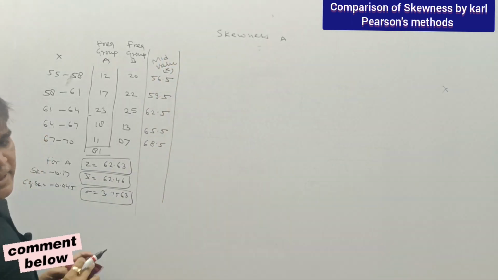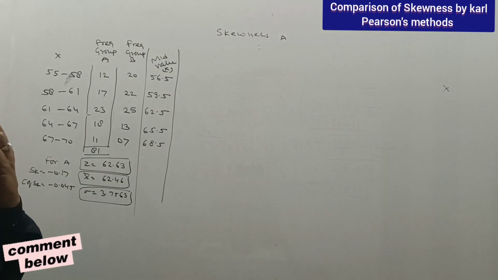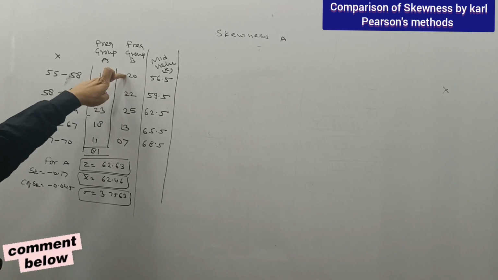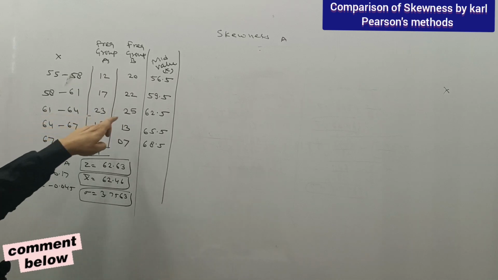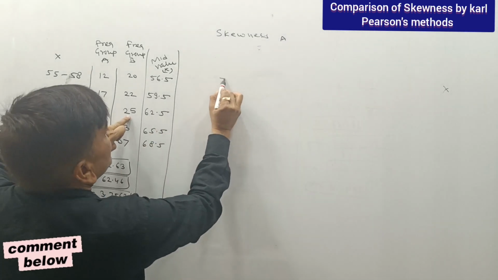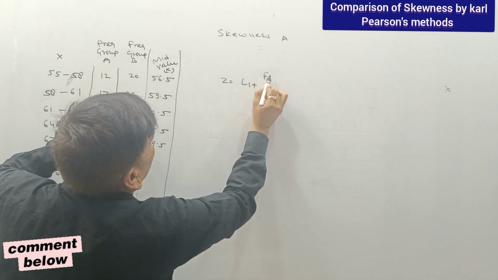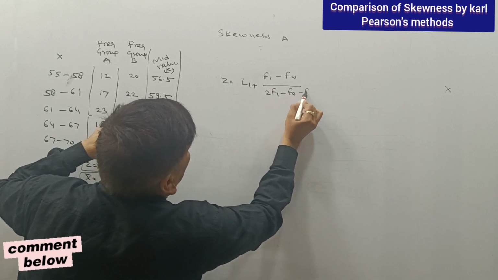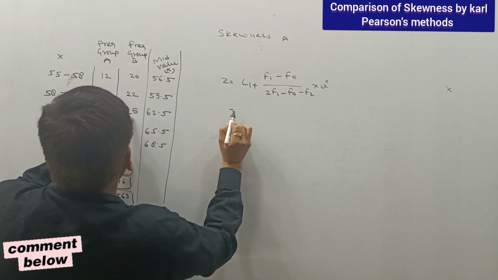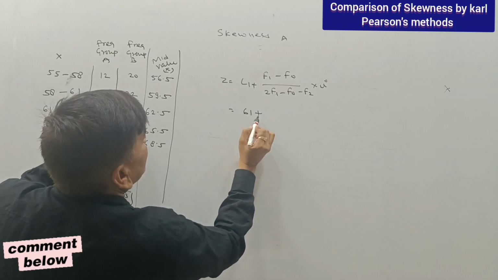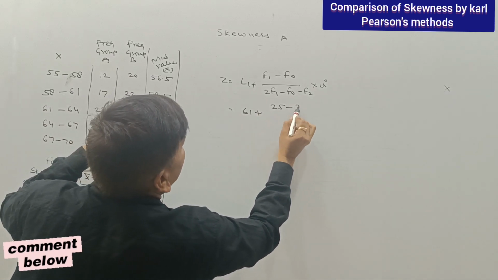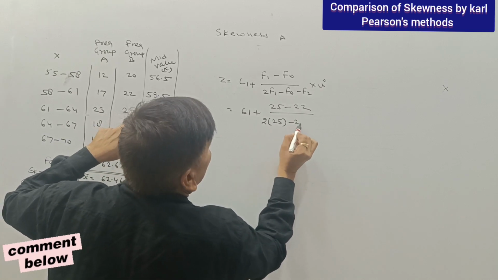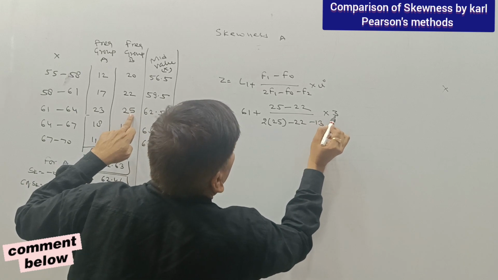Very first we will calculate the value of mode here. The highest frequency is 25, and this class contains the value of mode. So z is equal to L1 plus (F1 minus F0) upon (2F1 minus F0 minus F2) multiplied by I. So the value of L1 is 61, plus (25 minus 22) upon (2 multiplied by 25 minus 22 minus 13) multiplied by 3.